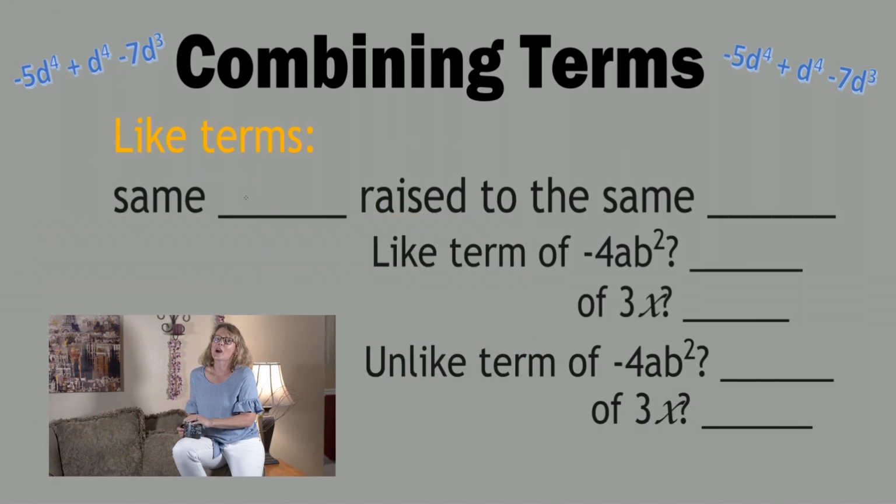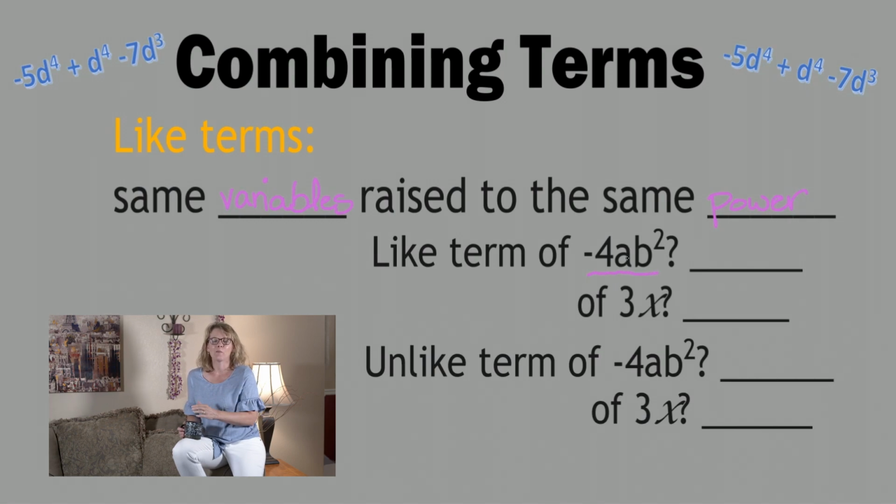In words, they are the same variables raised to the same power. Usually that word definition doesn't make much sense, so here are some examples so you can easily see what are like terms and what are not like terms. Under my like terms column, let's figure out a like term to -4ab squared.